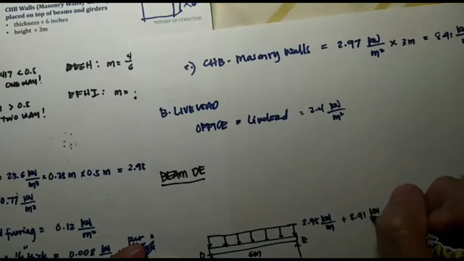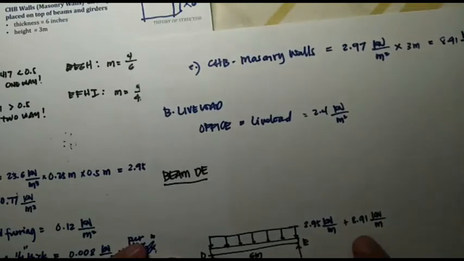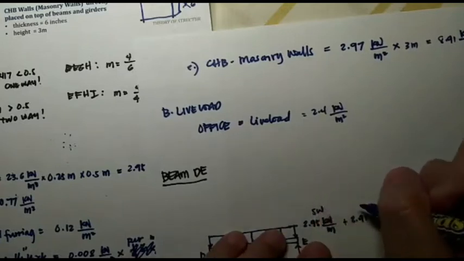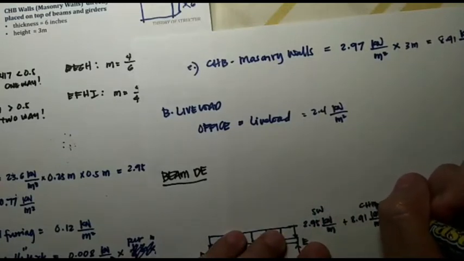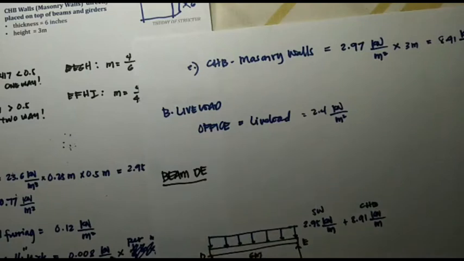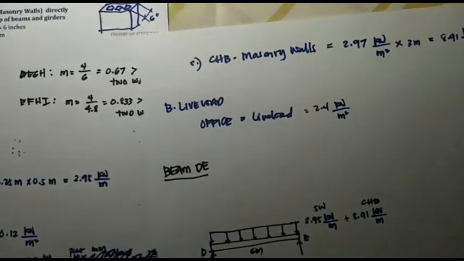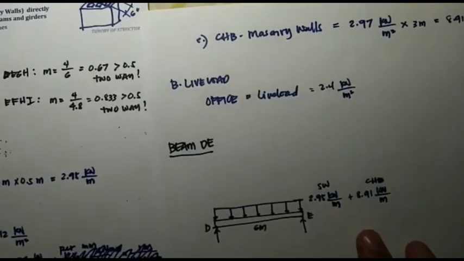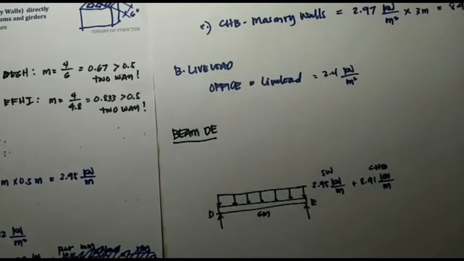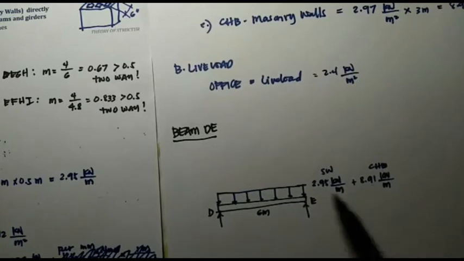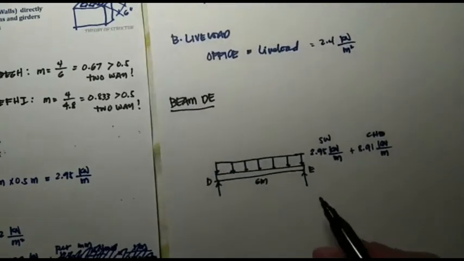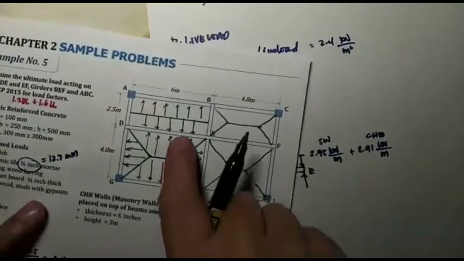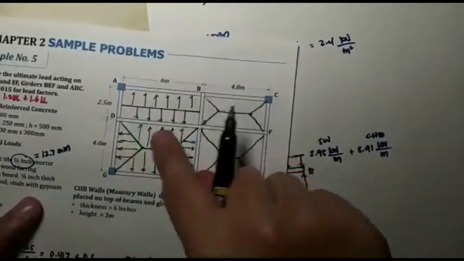Parehas ko silang i-add kasi parehas naman silang kilonewton per meter. Self-weight, tas ito CHB. Ito yung directly sa beam. Tapos i-consider naman natin yung galing sa tributary area, sa floor area.